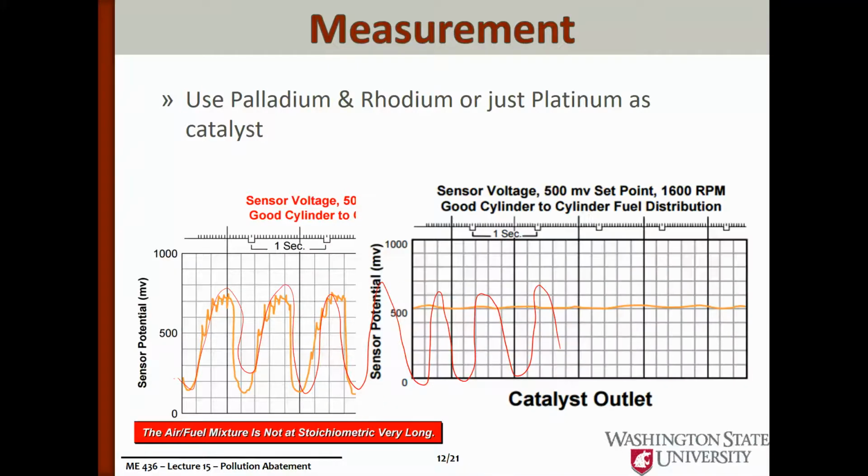If I then put that same sensor after the catalytic converter, it's going to flatten that out quite a bit, because if there's more oxygen than we'd like, that means the fuel hasn't burned completely, so the catalytic converter is going to oxidize the unburned carbon monoxide. And if there's a shortage of oxygen, it's going to be a reducing environment, and that is going to reduce the nitric oxide. So after the catalytic converter, we get a very steady reading from our lambda sensor.